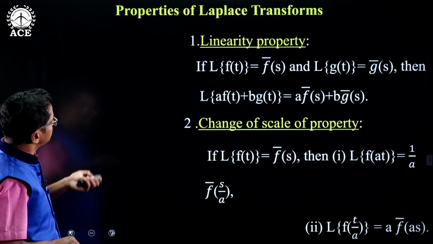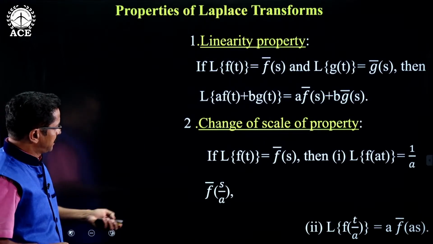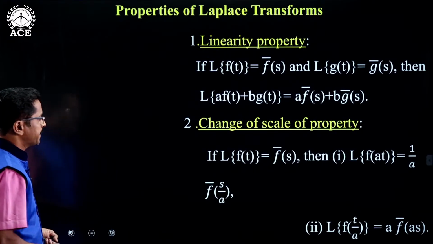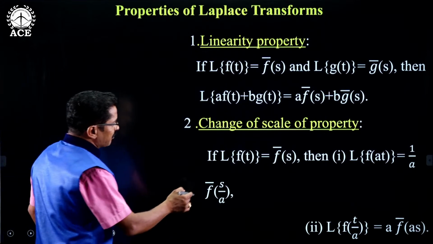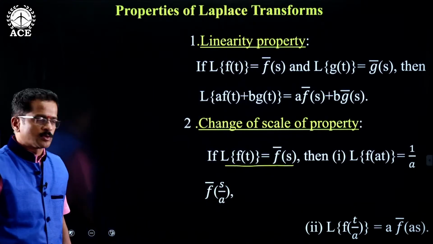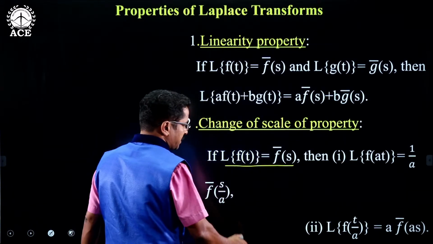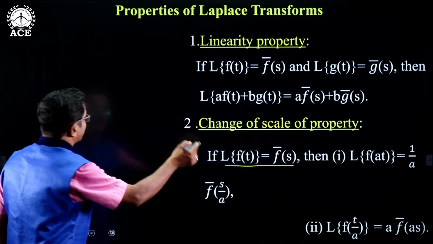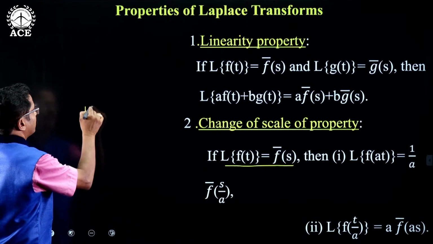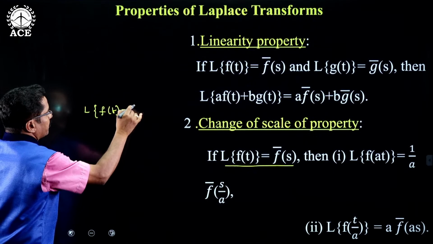Next, the linearity property that we discussed, and the change of scale property, right? So here, if L of f of t equals f bar of s, then, sorry, some small technical issue here, something got disturbed. So what I am writing here, okay? Change of scale property: L of f of t equals f bar of s.